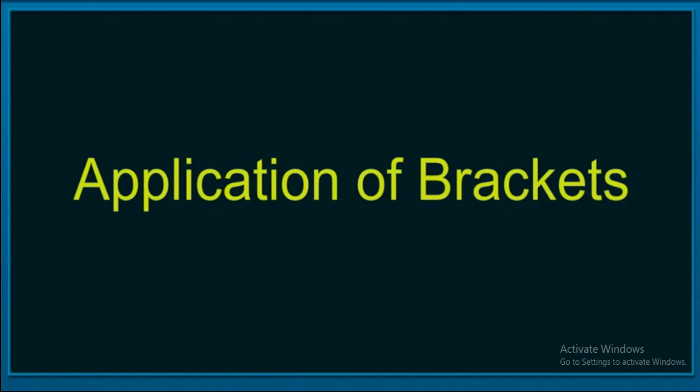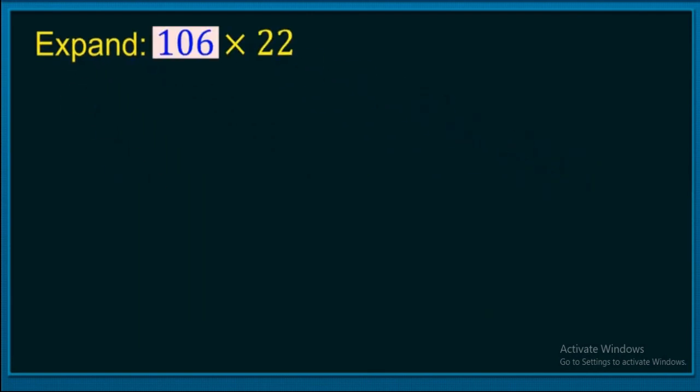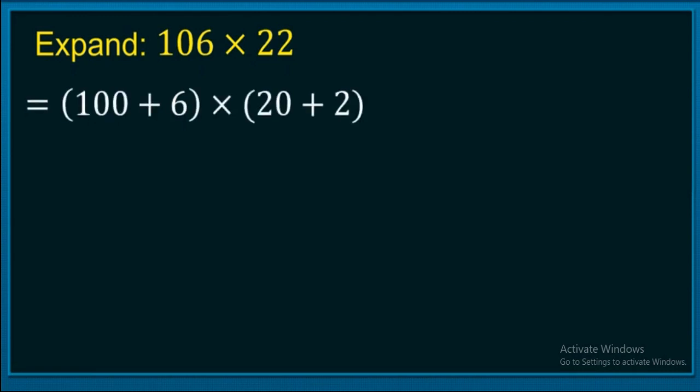In this example, we'll use brackets to find the product of 106 and 22. 106 can be expanded as 100 plus 6 and 22 as 20 plus 2. Now, place a pair of brackets around 100 plus 6 and another pair around 20 plus 2.